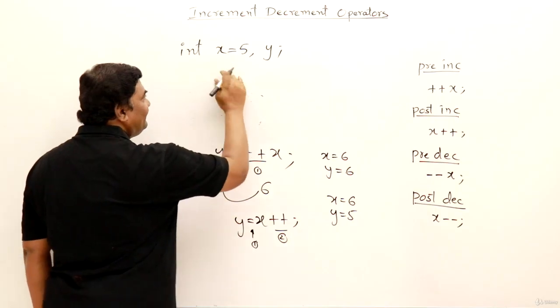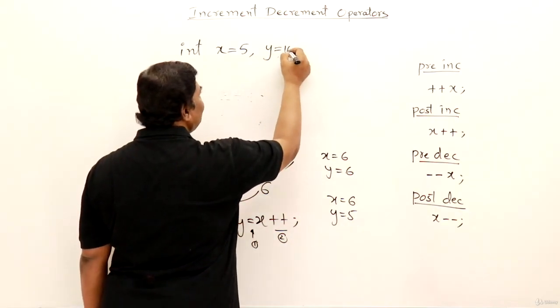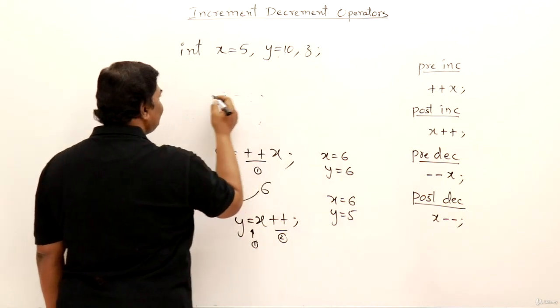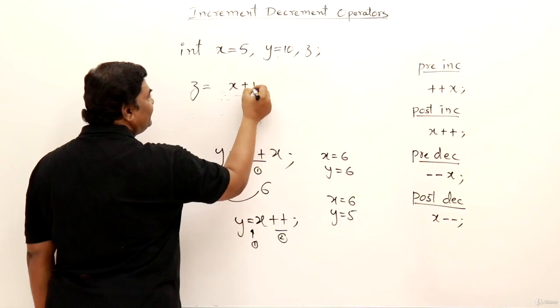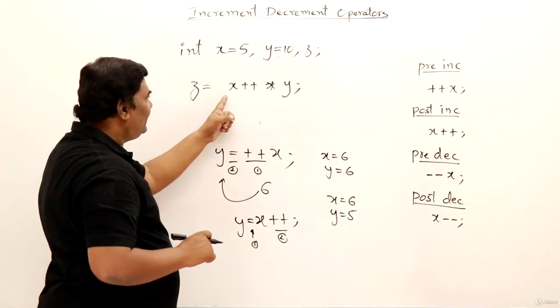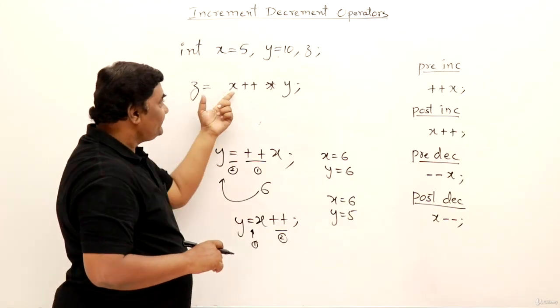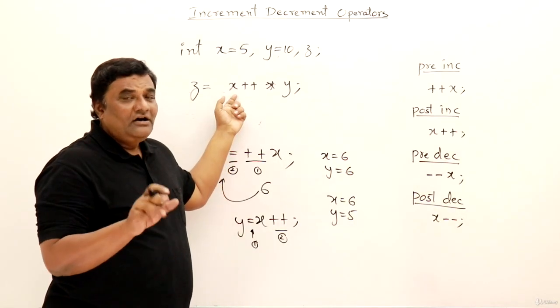Suppose I have some more variables, like y is also there, y has value 10, and z is also there. So if I say z = x++ * y, actually x and y have to be multiplied, but x should also be incremented. Is the increment done first or afterwards?